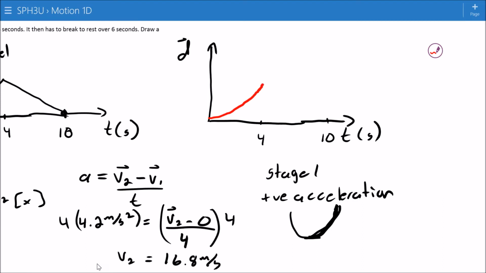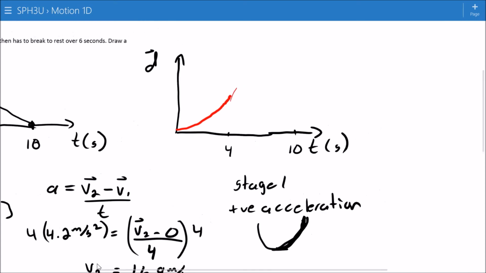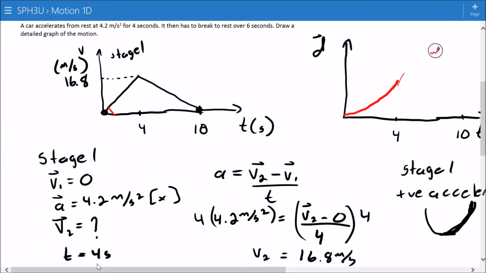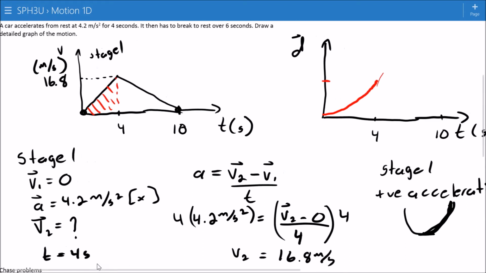It's curving up to some maximum speed. I guess the slope at this point would be exactly 16.8. That corresponds to here. So we can use the area of that red shaded region to come up with what this displacement would be at this point. The triangle has a base of 4 and a height of 16.8.